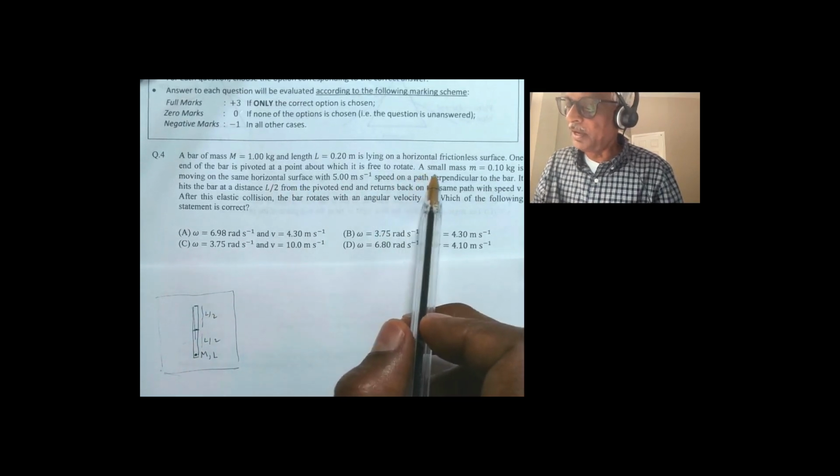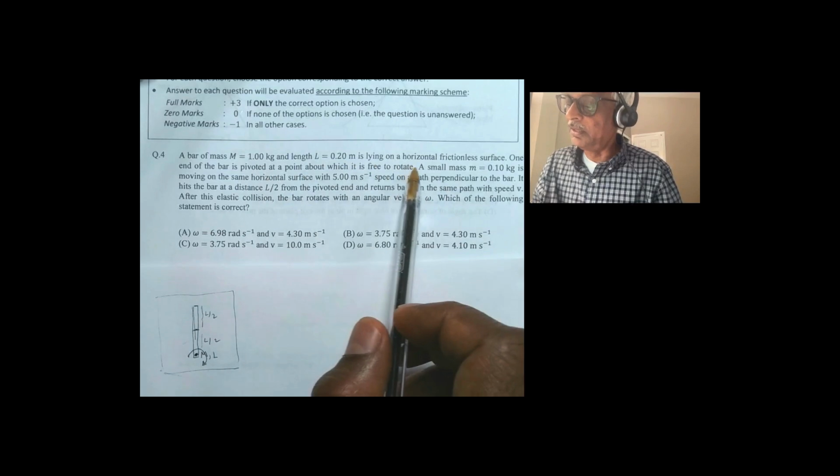This is L/2 over here, but the pivot is here, so it can rotate about here, and there's no friction for its rotation. A small mass m is going to come at some speed, 5 meters per second, and then it's going to collide.